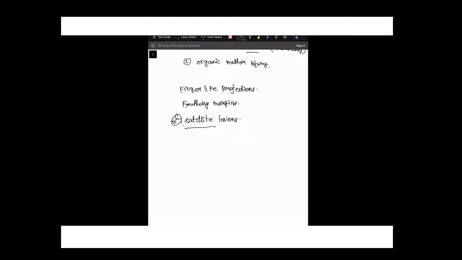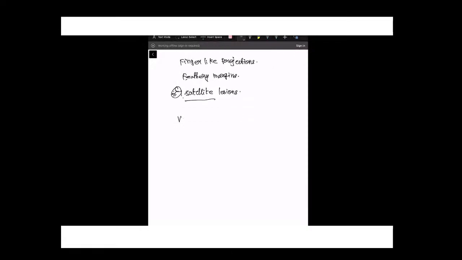We have then viral keratitis. Viral keratitis is most commonly caused by the virus HSV, or herpes simplex virus.